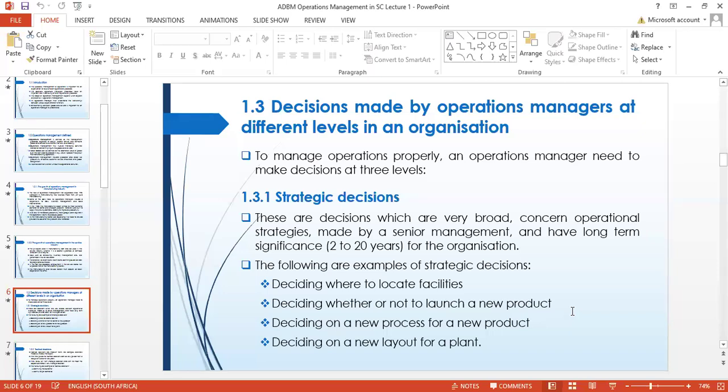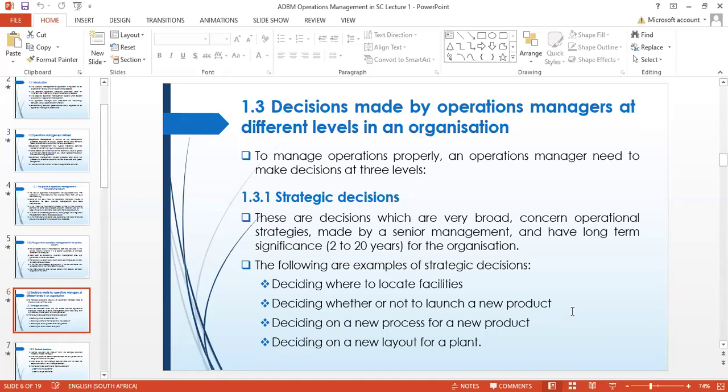Right? Deciding on a new process for a new product. Processes that are used to develop or create products are decided by the senior managers. And also deciding on a new layout for a plant or a new layout for a factory.